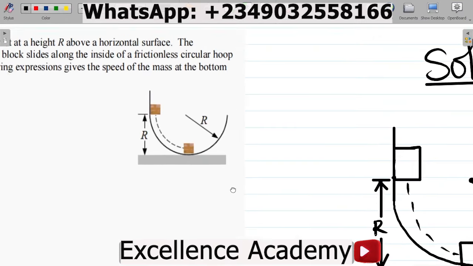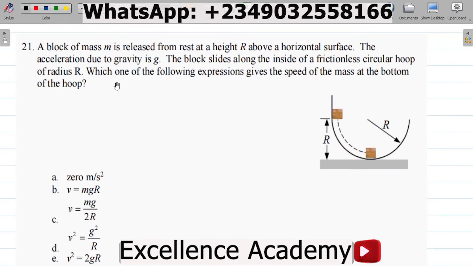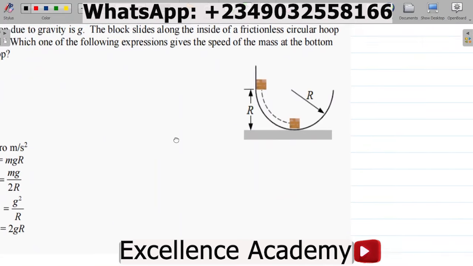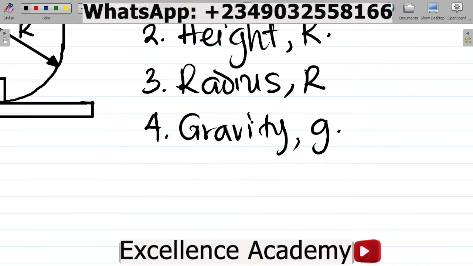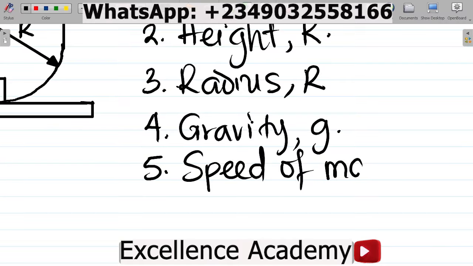Then finally, what are we asked for? They said which of the following expressions gives the speed of the mass at the bottom of the hoop? So number 5, speed of the mass, let's call that velocity v, it's equal to unknown.